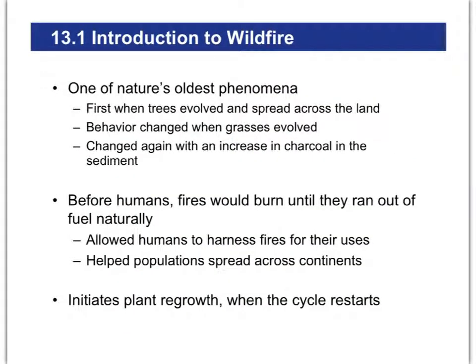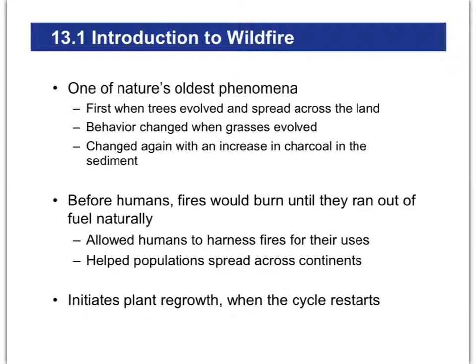So let's take a look at wildfire and just look at its origins and its place in Earth's history. Fire has been around for as long as people have, and probably longer. It's one of the first recorded real bits of technology that humans were able to harness fire.